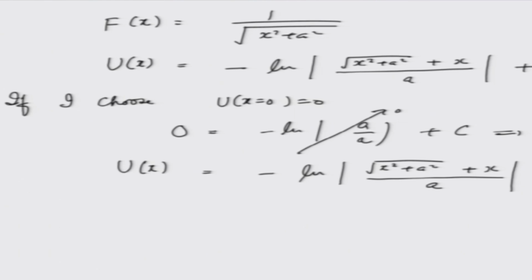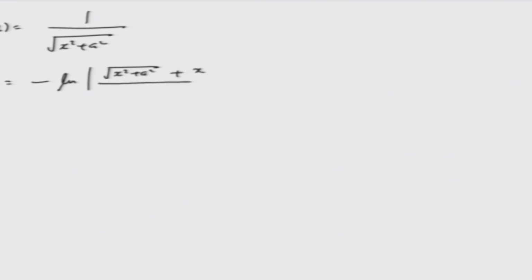So, now if I were to plot the force and the potential, I write my f(x) is equal to 1 over square root of x square plus a square, and u(x) comes out to be minus log of mod of square root of x square plus a square plus x divided by a.